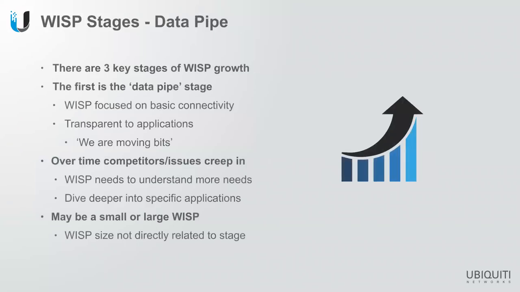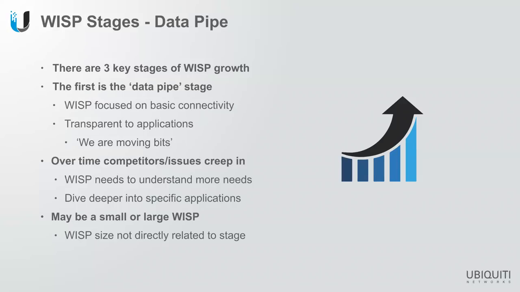So I wanted to go over something that I've noticed over the years in dealing with a lot of WISPs, in that I think there's typically 3 stages of WISP growth. And I say growth in the sense of growth in the types of service that they're offering, not necessarily in the scale of the WISP.